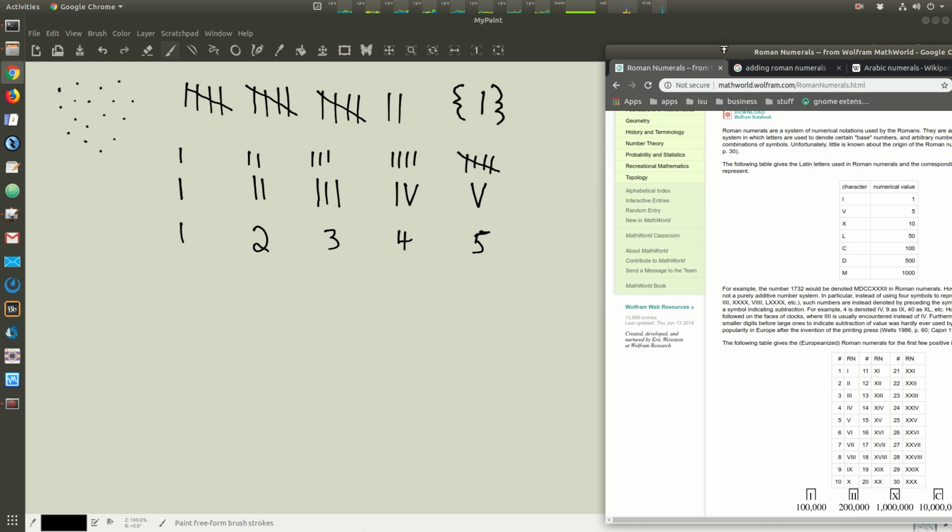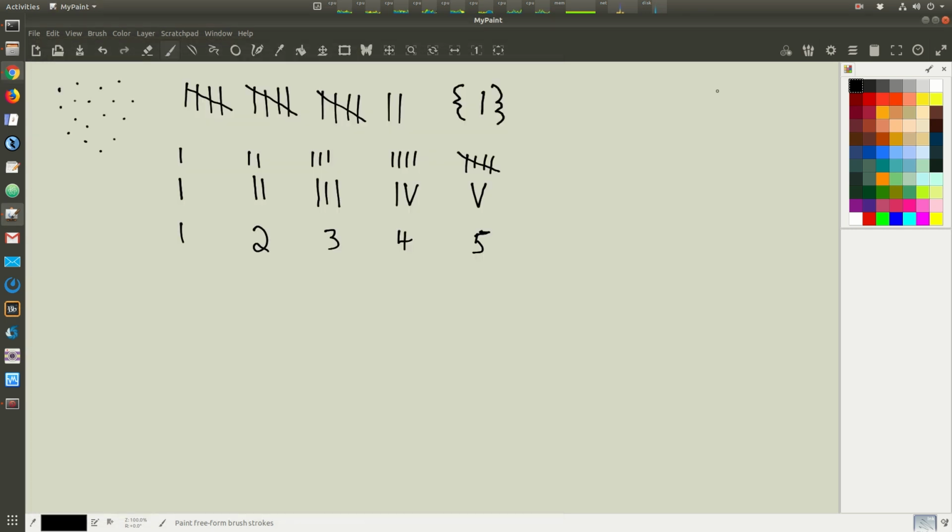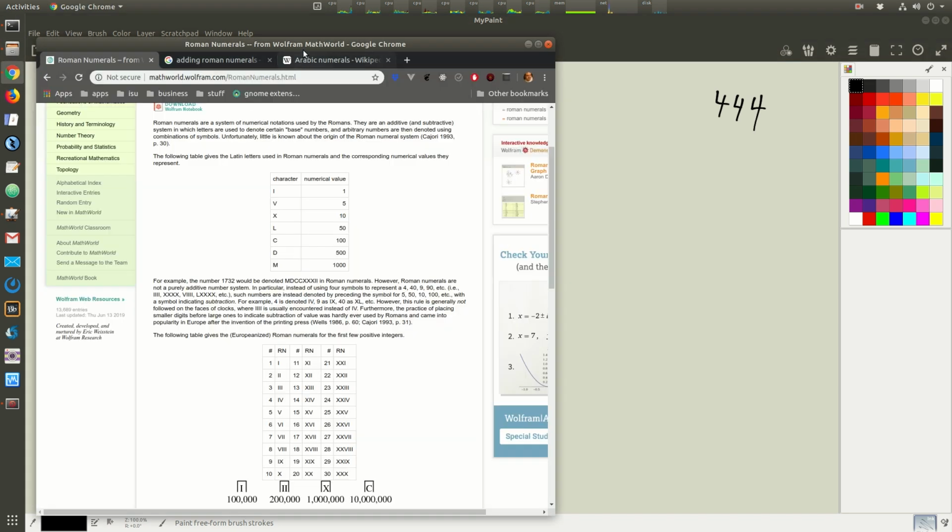Okay, so let's write 444 in Roman numerals. This is in Arabic, on our base 10 standard numbering system, and we'll pull over the Roman numerals that we're going to need. We're going to need a CD: the D is 500, and we need to subtract 100 from that to get 400.